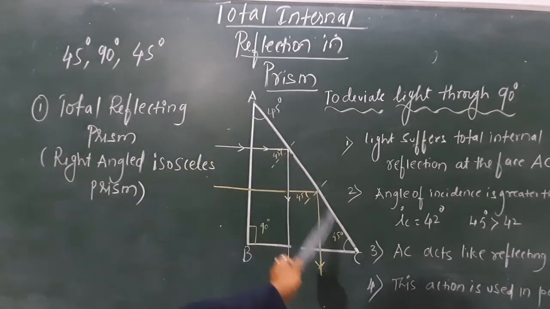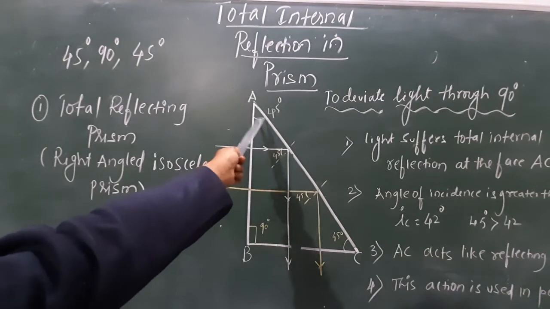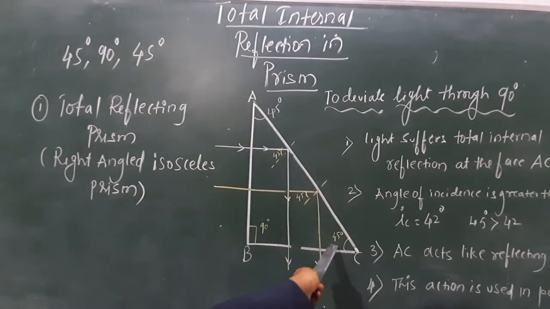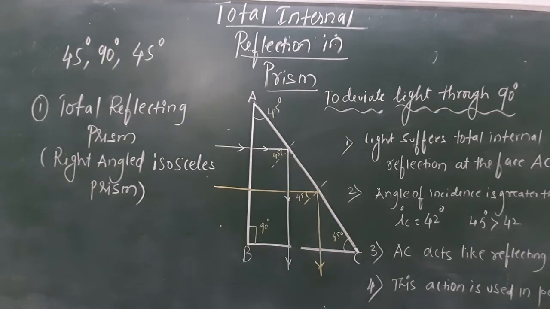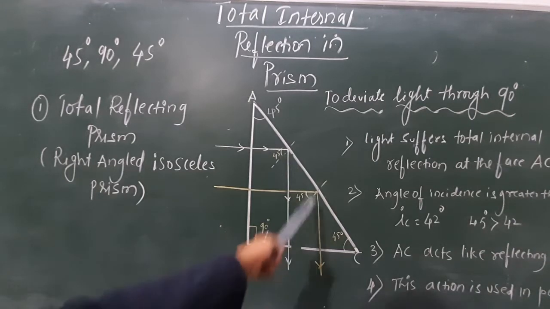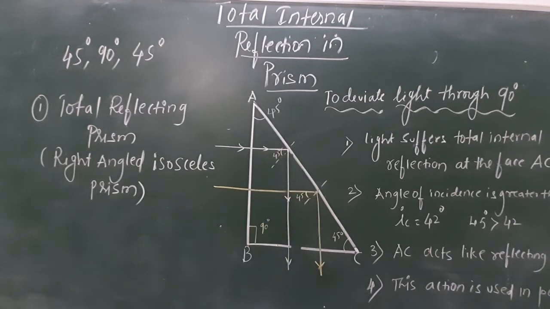But when striking the surface AC, because this angle is 45, this ray of light also strikes this surface at an angle of 45 degrees. But we have learnt very clearly that for air and glass medium, the critical angle of glass is always 42 degrees.